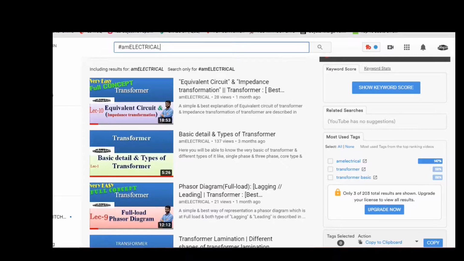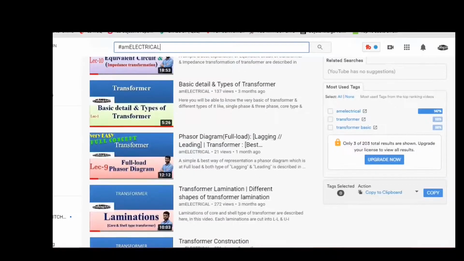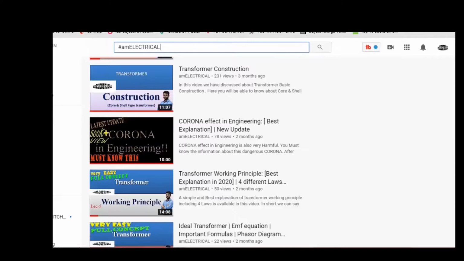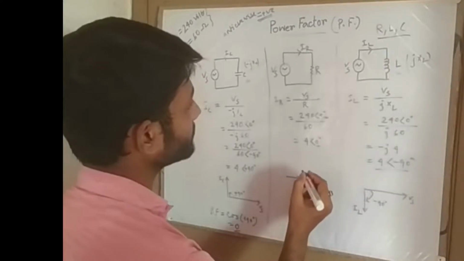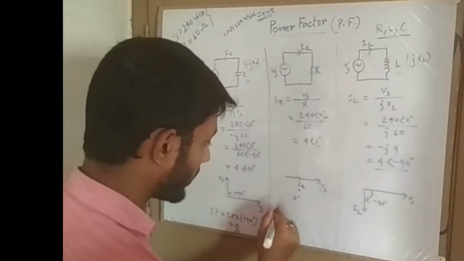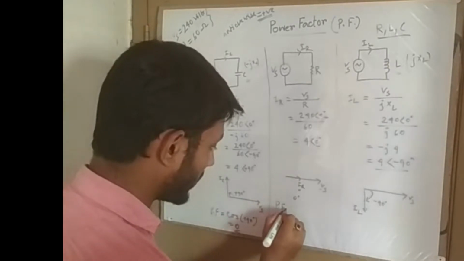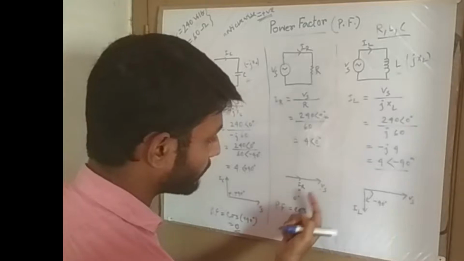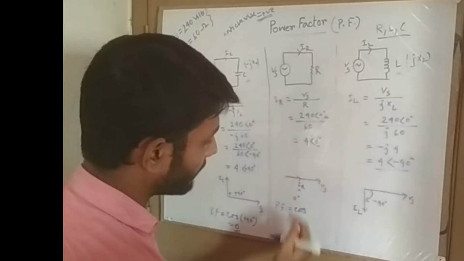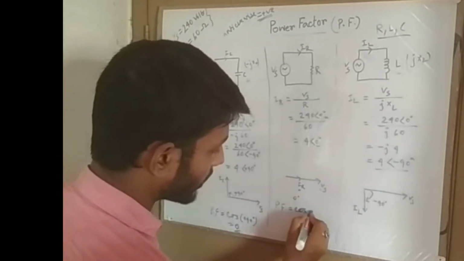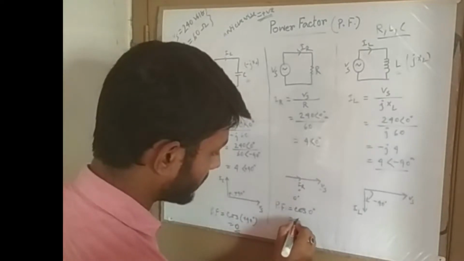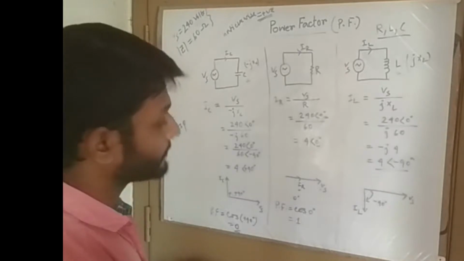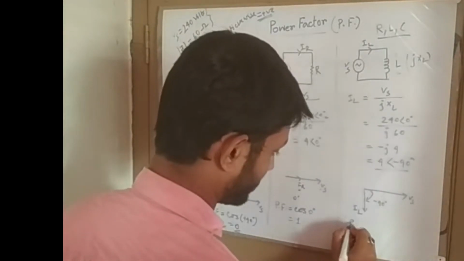Today, in this video, we will discuss about the power factor. Here, we will come to know what is power factor, what are the different aspects of solving power factor problems, how the impedance triangle, power triangle, admittance triangle, voltage and current triangle are related to the power factor. And at last, we will also know how to improve the power factor.